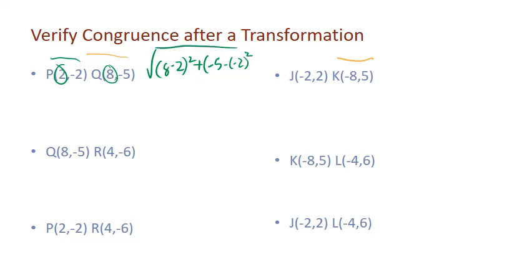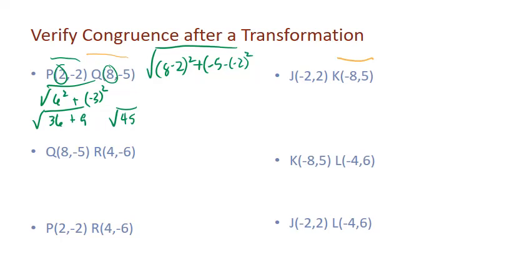So we've got the square root of 8 minus 2 is 6 squared, plus negative 5 plus 2, those two negatives make that a plus, negative 3 squared. And 6 squared is 36, negative 3 squared is 9. And so we got the square root of 45. We'll leave it in that form for the time being.